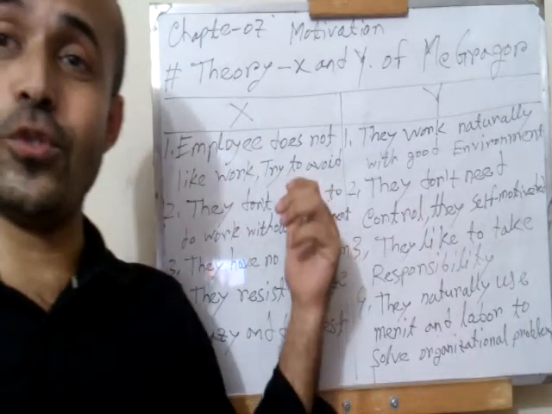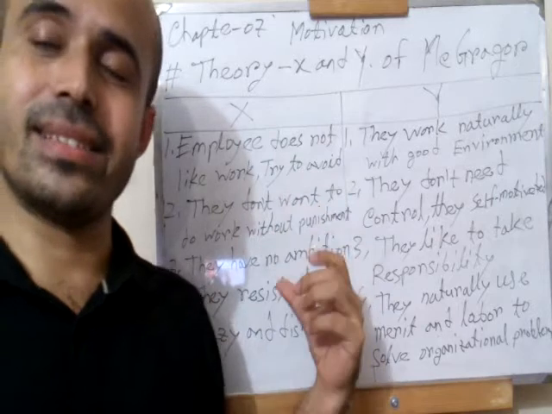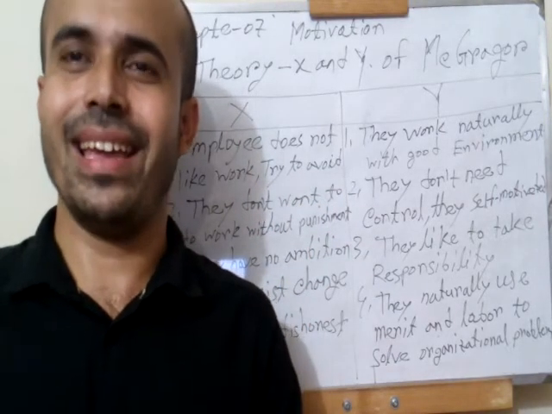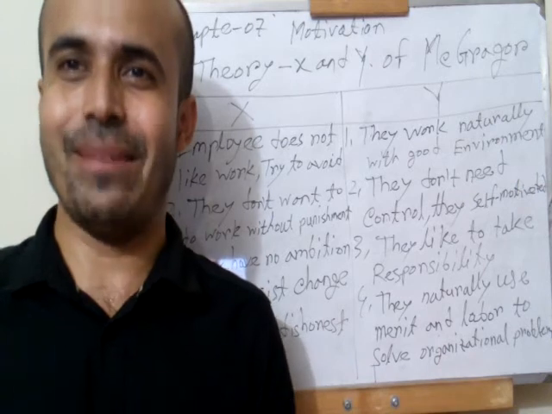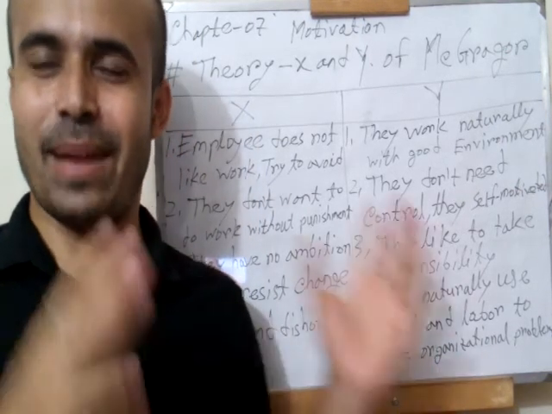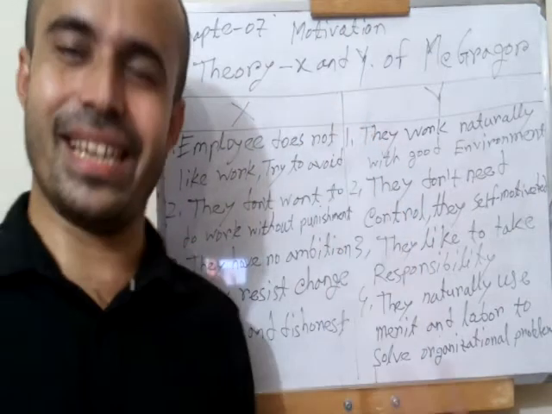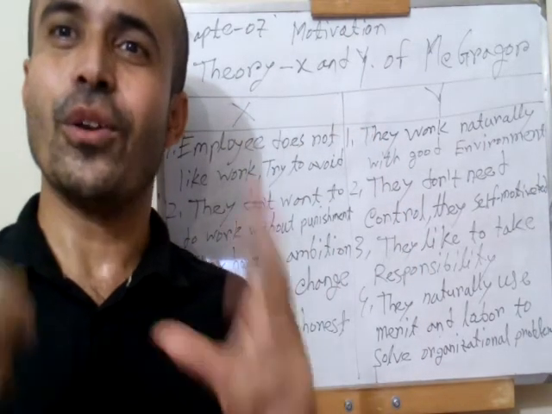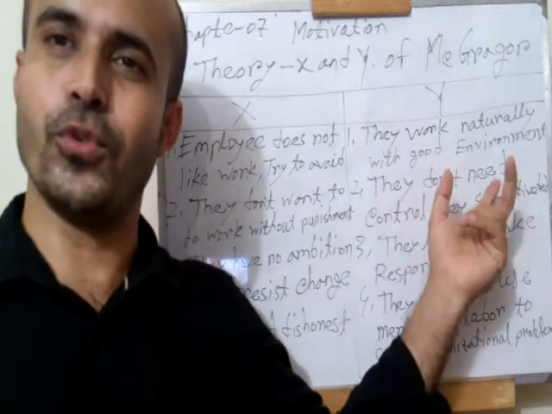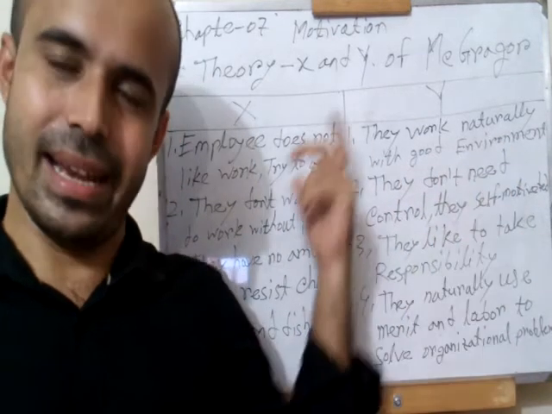Or if you choose fully the X theory, then your company's workers will not continue for a long time. They will leave your company because of pressure and strict rules, and that is why we have to choose a combination of two, positive things and negative things.